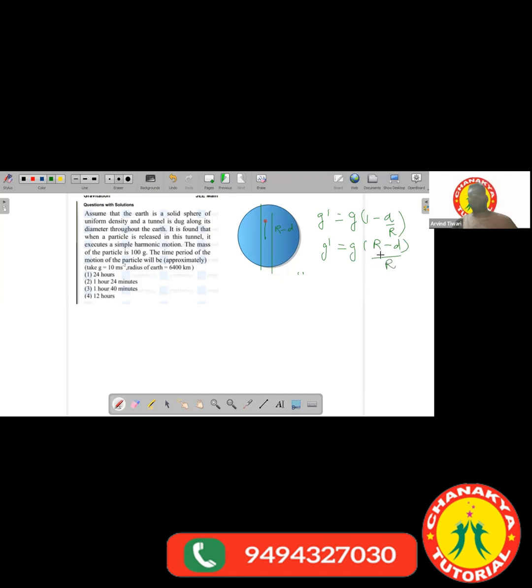Here you can clearly see r minus d is the displacement. We can write r minus d as the displacement y, and hence our expression becomes g dash equals g by r times y. If I compare with my original expression where acceleration equals k by m times y, here my k by m is similar to g by r.